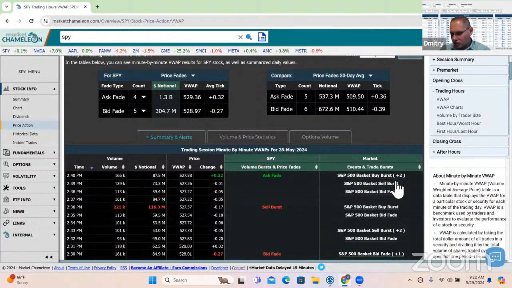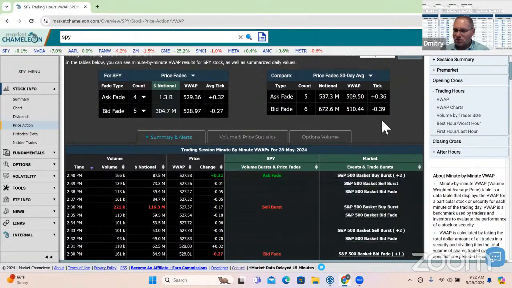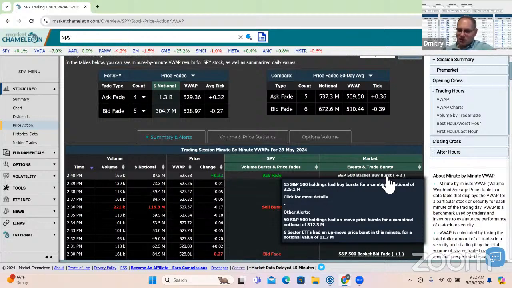However, there could be explanations because right around that time, lots of stuff was going on in the market, and then we could hover over here and we could see that minute alone at 240. Here's what happened. There were 15 stocks that had a buy burst in the S&P 500, all simultaneously.